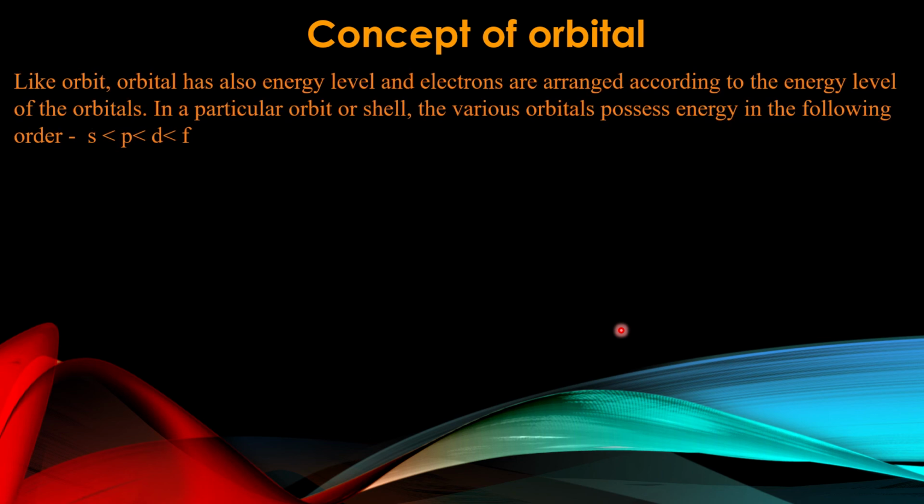Now we will learn the maximum electron holding capacity of these orbitals. Like orbits, orbitals also have energy levels. Here we will learn the energy sequence of the orbitals. Orbitals also have a gradation of energy, and for any orbit, the first orbit, second orbit, third orbit or fourth orbit, the orbitals have this energy gradation: s has the lowest energy, then p, then d and then f.